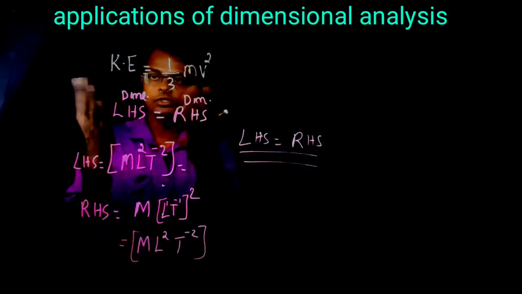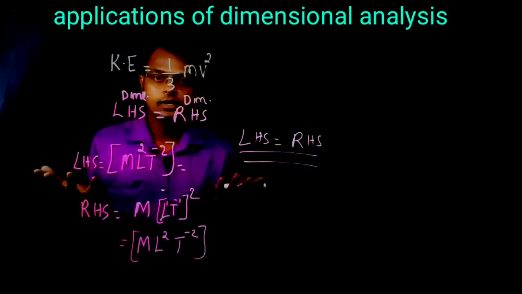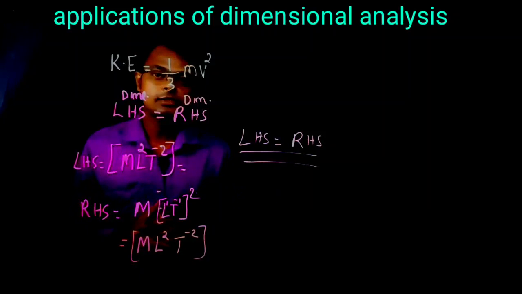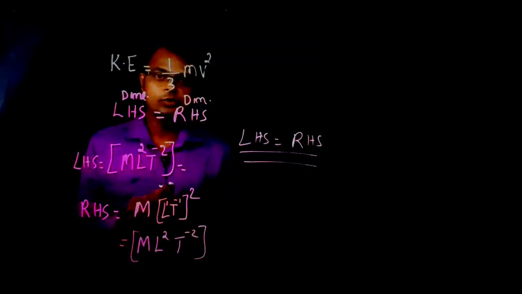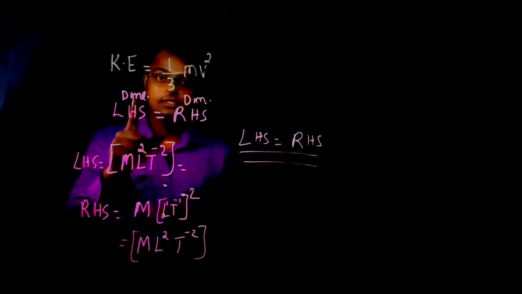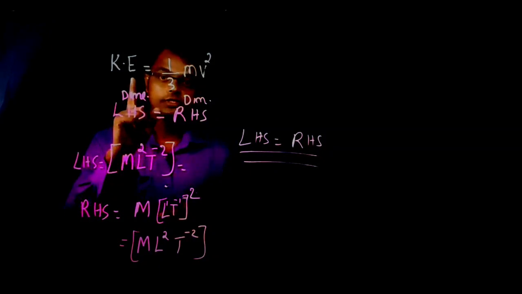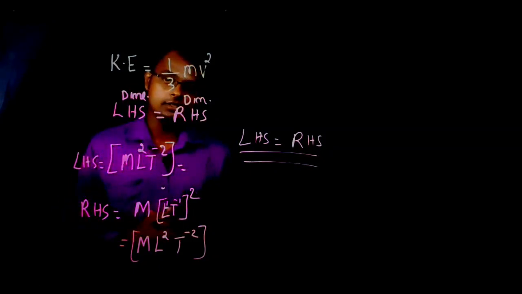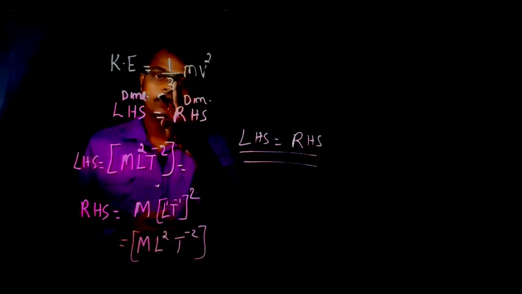But you see this is not actually the correct equation. What is the actual kinetic energy formula? Half mv square, no? So this is the drawback of dimensional analysis. You cannot find the constant.